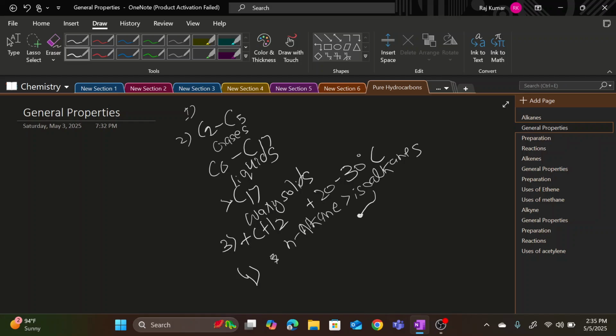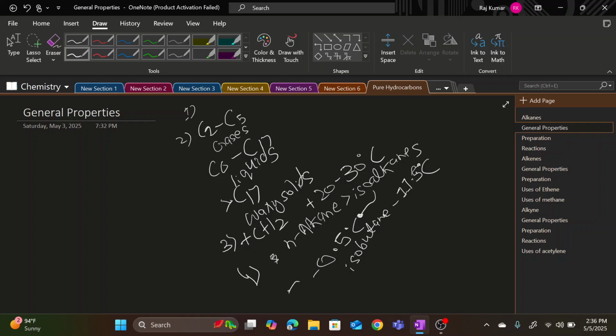How can we consider that? For example, butane has a melting point of minus 0.5 centigrade, but isobutane has a melting point of minus 11.5 centigrade.